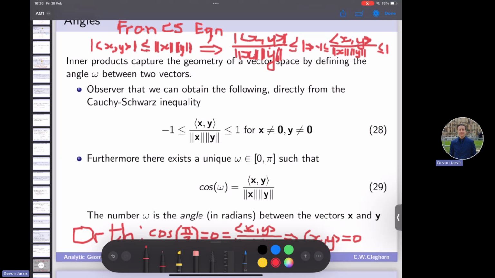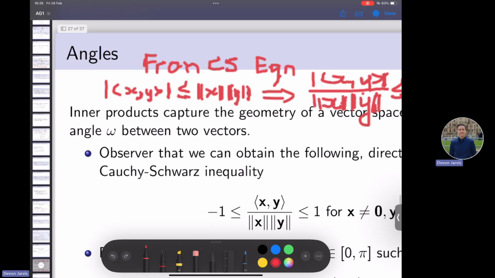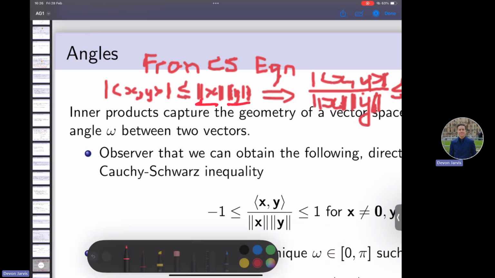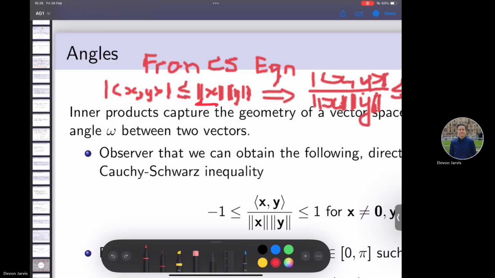So observe that we can obtain the following directly from the Cauchy-Schwarz inequality, and I've drawn that up here. From the Cauchy-Schwarz inequality, we know that the norm of x times the norm of y will be less than or equal to the absolute value of the inner product between x and y.